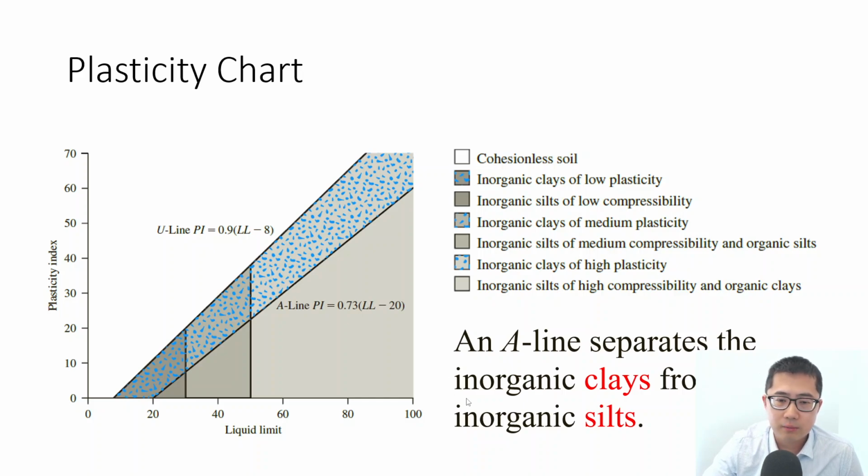We're talking about mostly inorganic stuff over here because this is the soil that we're dealing with most of the time. And nothing technically should read above the U line. If something is above the U line, it is either something we haven't really seen or really haven't used a lot, or it could be indicating that some of the testing went wrong.